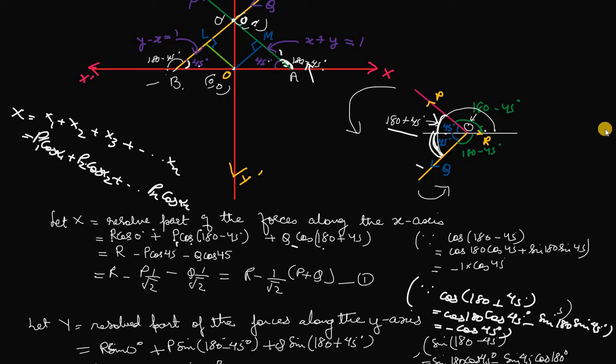So cos of 180 plus 45 is minus cos of 45.